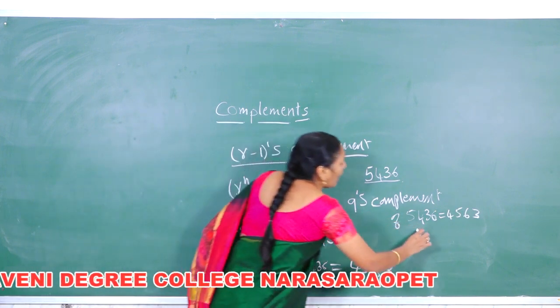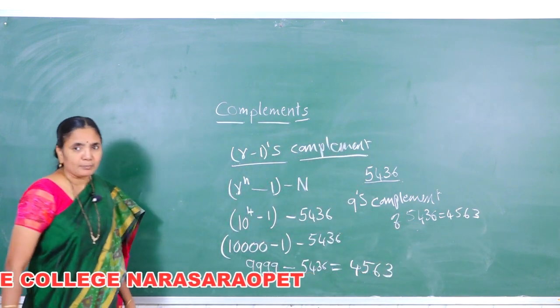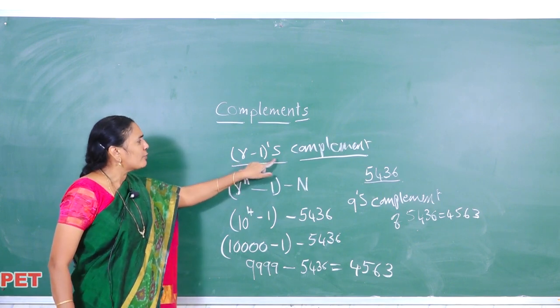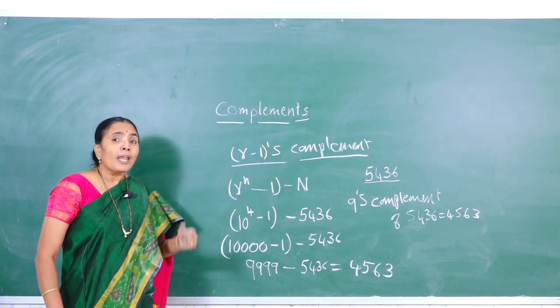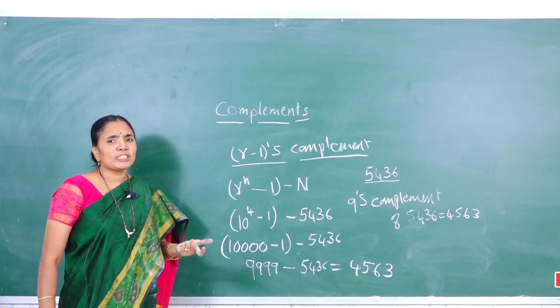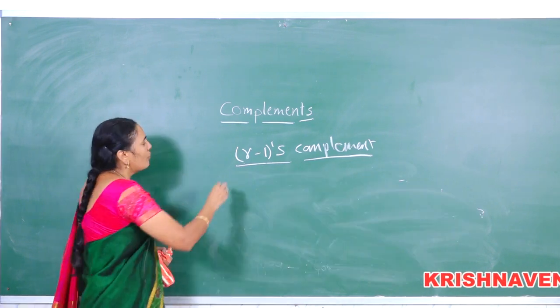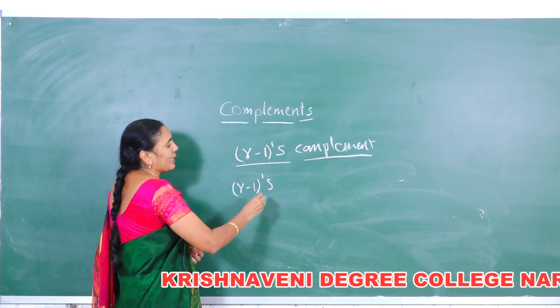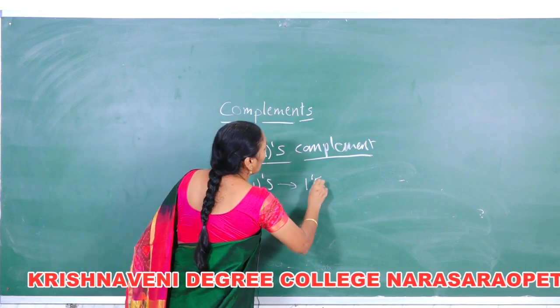So, this is the r minus 1's complement. I have calculated the r minus 1's complement for a decimal number. Now, apply the same procedure for the binary number system. For the binary number system, r minus 1 complement is nothing but the 1's complement.